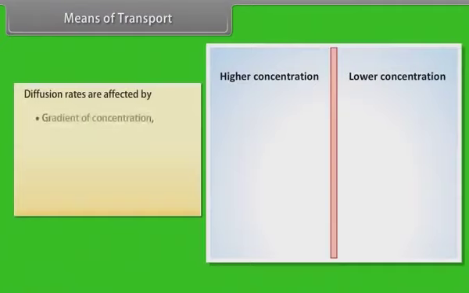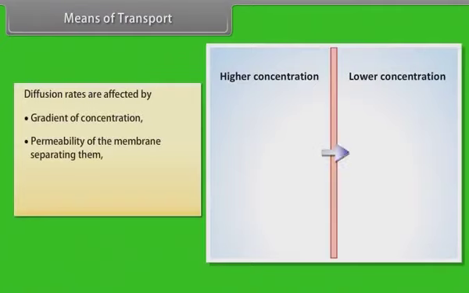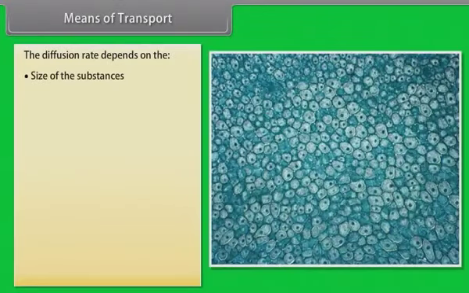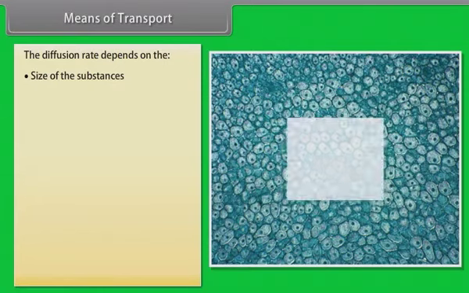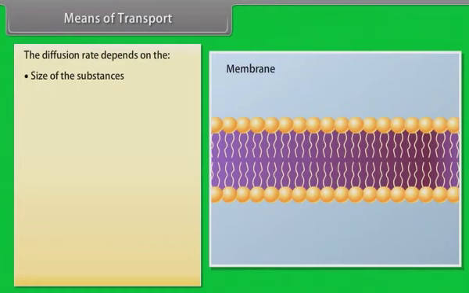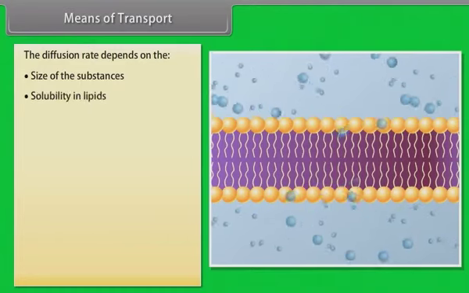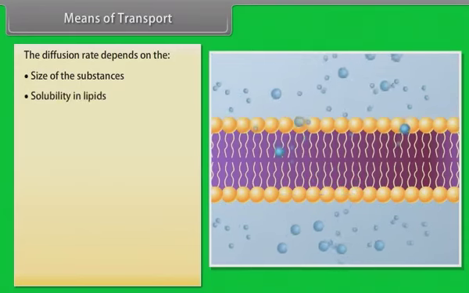Diffusion rates are affected by the gradient of concentration, the permeability of the membrane separating them, temperature, and pressure. The diffusion rate depends on the size of the substances. Obviously, smaller substances diffuse faster. The diffusion of any substance across a membrane also depends on its solubility in lipids, the major constituent of the membrane.